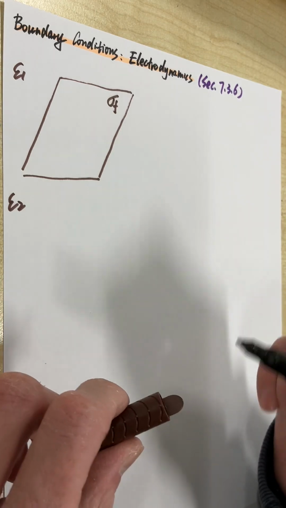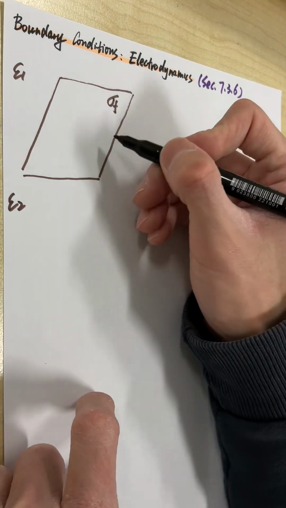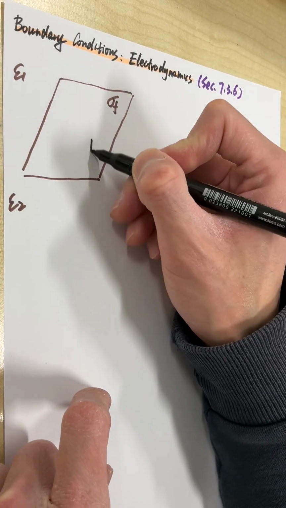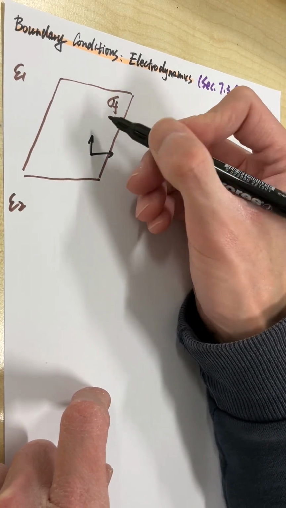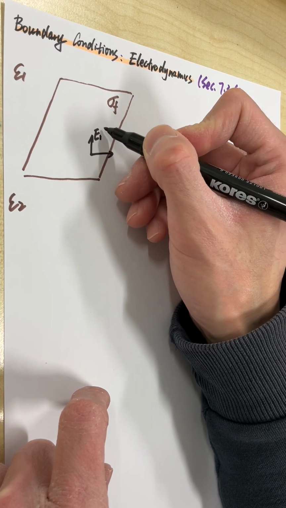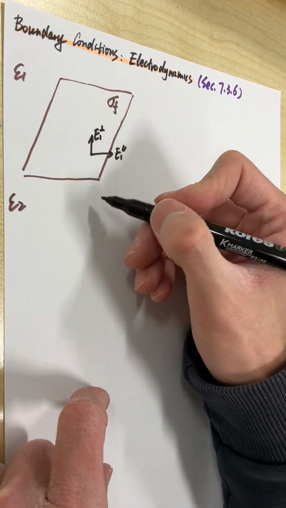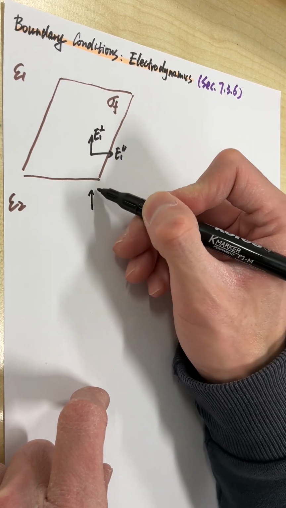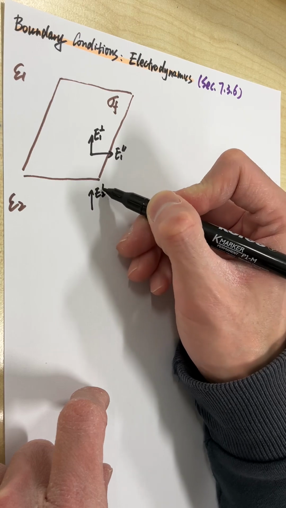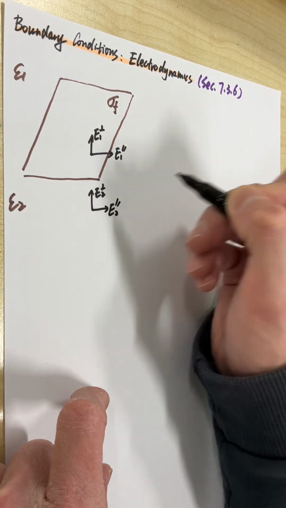So now we need to investigate the electric field. For the above, we have E1 normal component, E1 parallel component, and then for below we have E2 normal component, E2 parallel component.